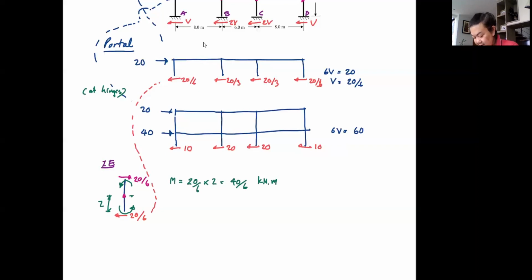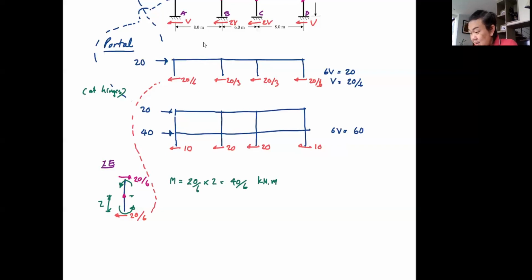Are we still doing okay, right? Now you can repeat the same thing with other columns on this floor.